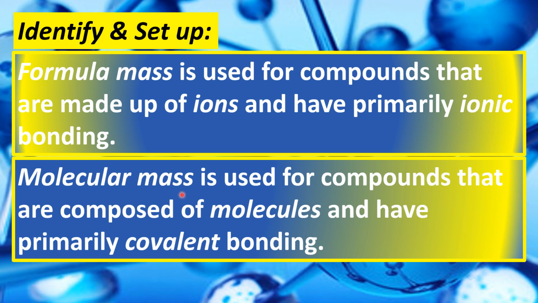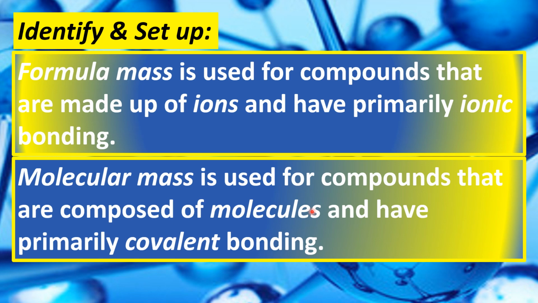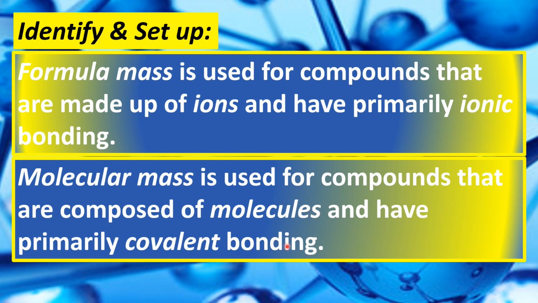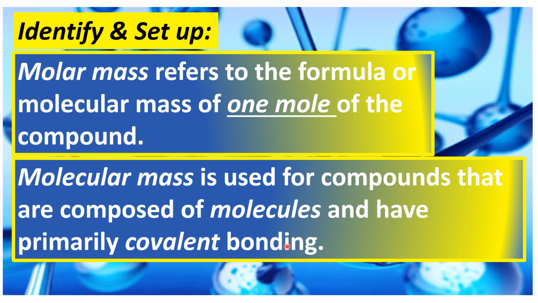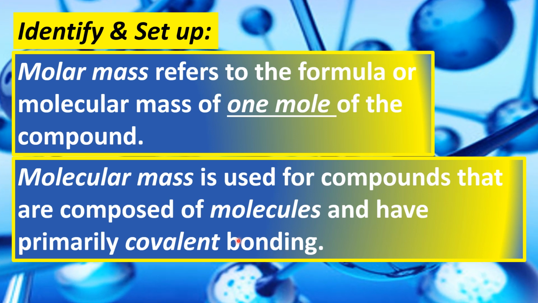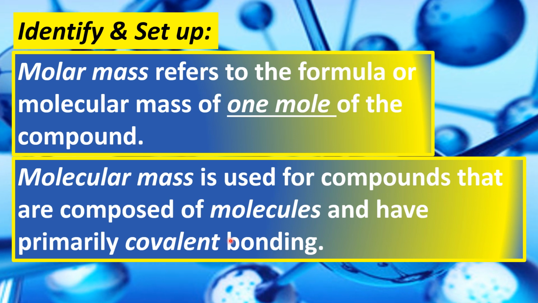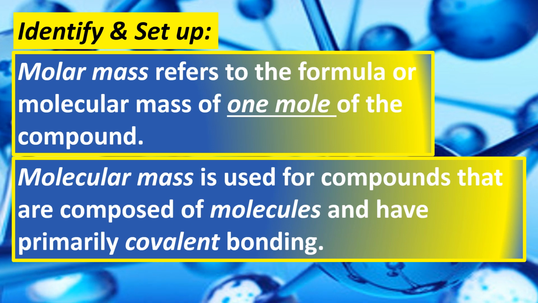Molecular mass is used for compounds that are composed of molecules and have primarily covalent bonding. Now, the term molar mass is either the formula mass or molecular mass of 1 mole of a compound.